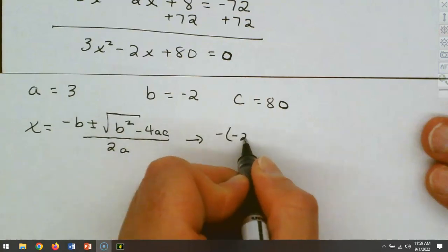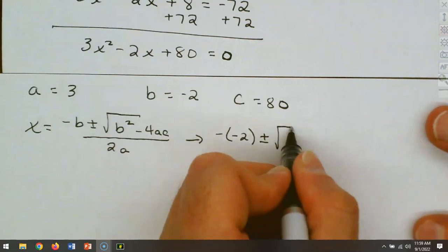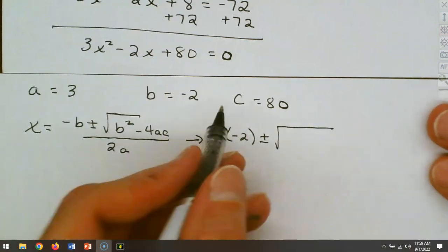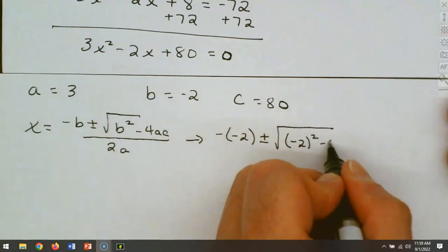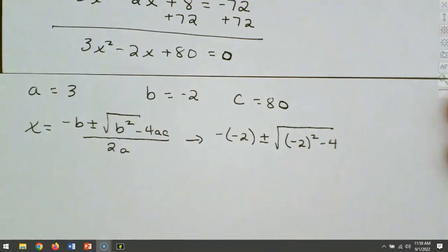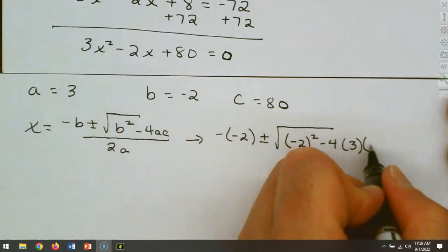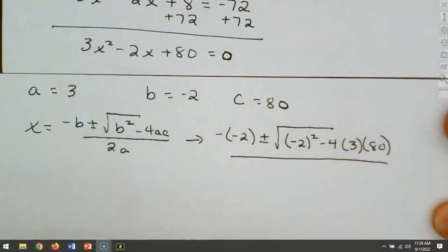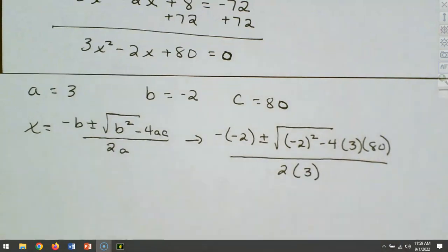Negative of a negative 2 plus or minus the square root of b squared, so that's negative 2 squared, minus 4 times a, which is 3, times c, which is 80, all over 2 times 3.